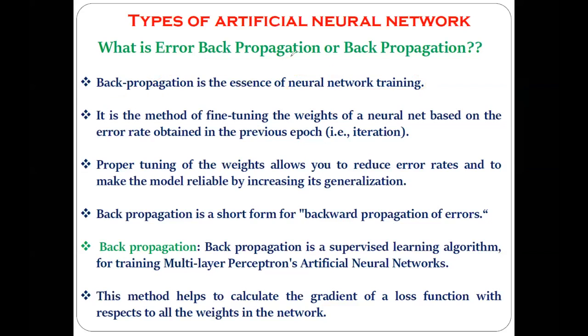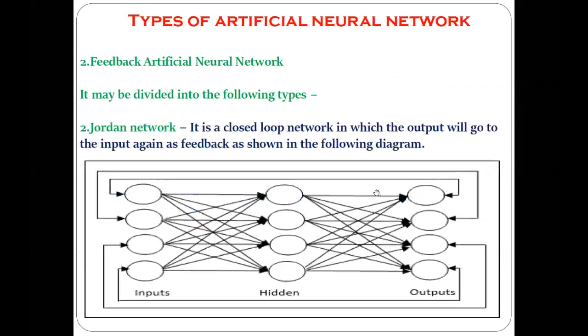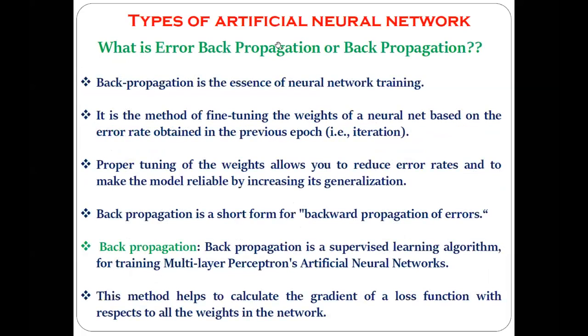In the previous figure you must have observed in the feedback network, something is going back again to the previous layers. From that, this name backpropagation is given. It is the main technique to give training to different neural networks.